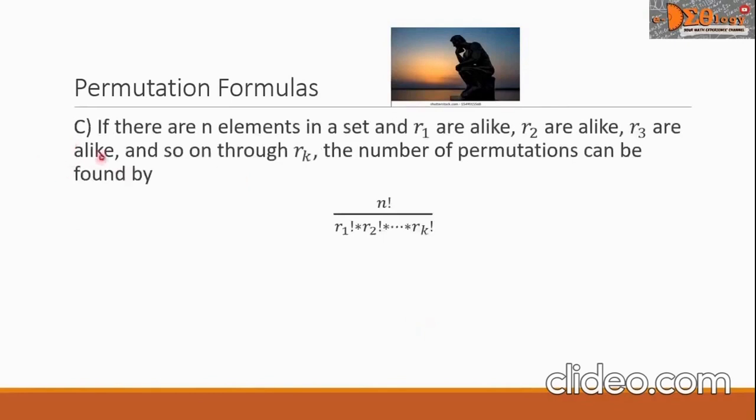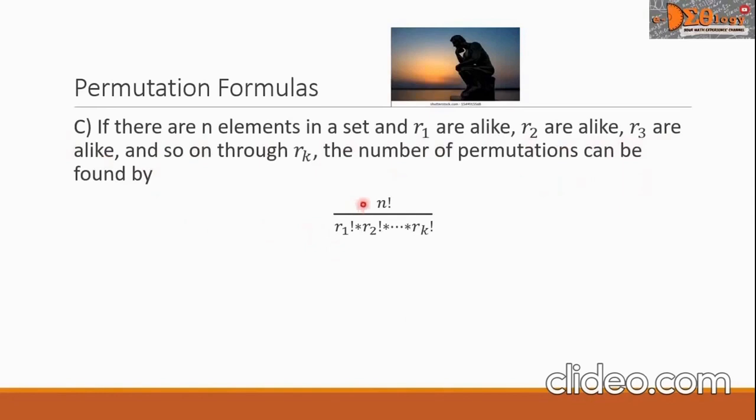Letter C. If there are n elements in a set and r sub 1 are alike, r sub 2 are alike, r sub 3 are alike, and so on through r sub k, the number of permutations can be found by this formula.